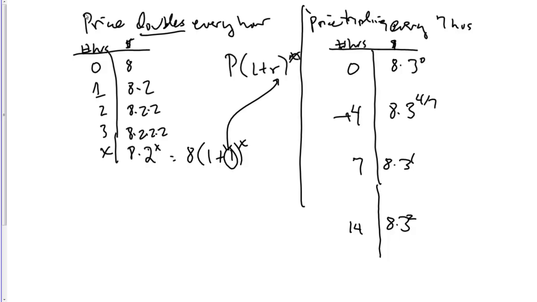The exponents every 7 hours are going up at a constant rate, somewhat of a linear function within it, just with the exponents. So we should expect the same thing to happen via the hours, not just at the special hours like 7 and 14, but in general we would have 8 times 3 to the x over 7 hours, or dollars, for our f of x.